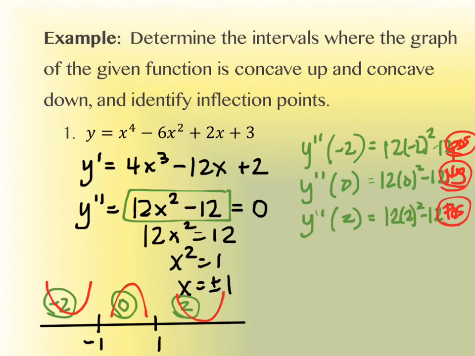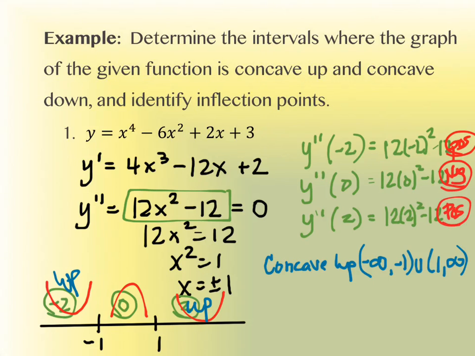So we're supposed to be listing a lot of information on this. First, let's talk about where it's concave up. It says interval. So on what interval is it concave up? Right.